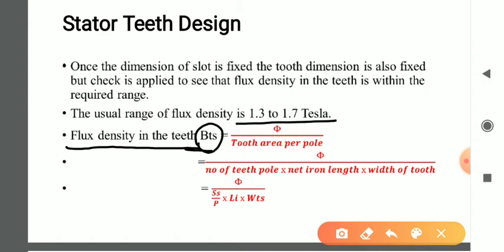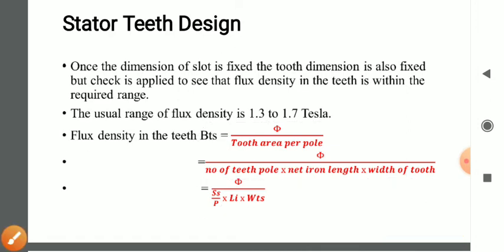You can also calculate it by using this equation: phi divided by the number of teeth per pole into the net iron length into the width of the teeth. The number of teeth per pole is the total stator slots SS divided by the number of poles P, the net iron length is Li and the width of the tooth is WTS.